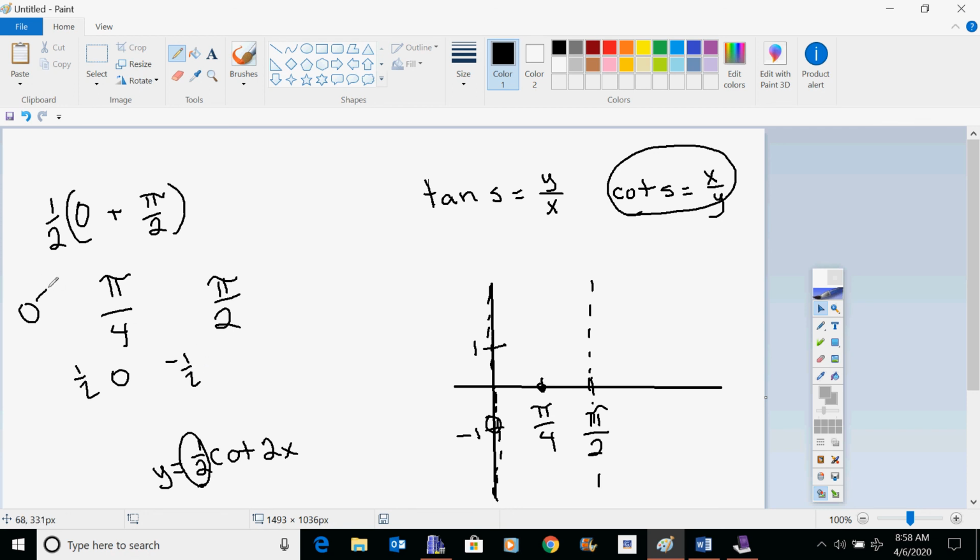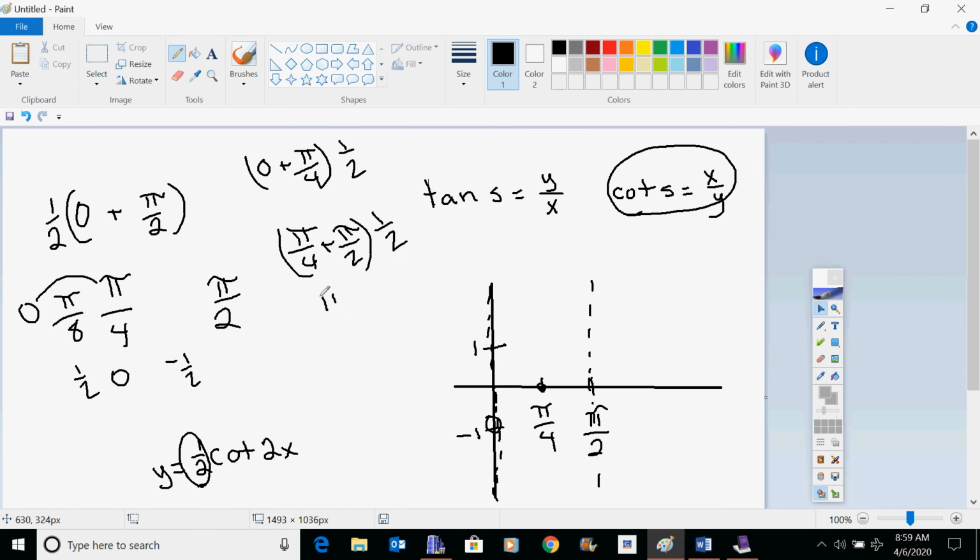I do have to figure out this. And so when I add 0 plus pi over 4 times 1/2, I get pi over 8. And then this one, pi over 4 plus pi over 2 times 1/2.